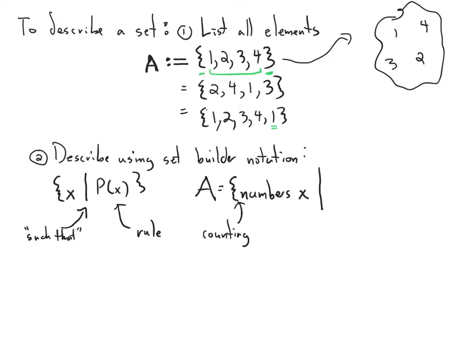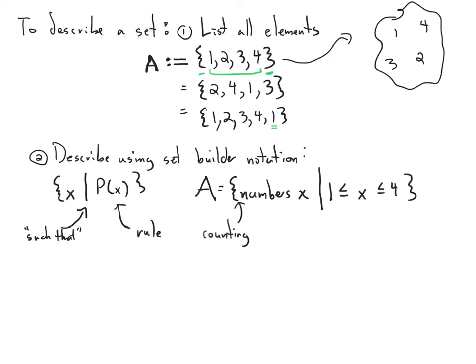So they're counting numbers x, such that, remember that line means such that, well, the counting numbers are going to be between 1 and 4 inclusive. So it's all counting numbers that are greater than or equal to 1, and less than or equal to 4. And of course, those numbers are 1, 2, 3, and 4.